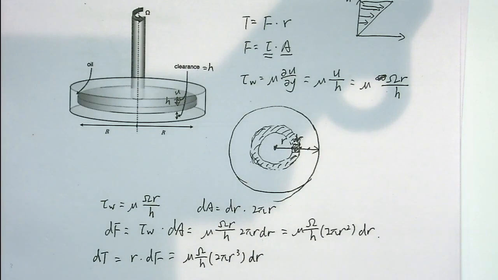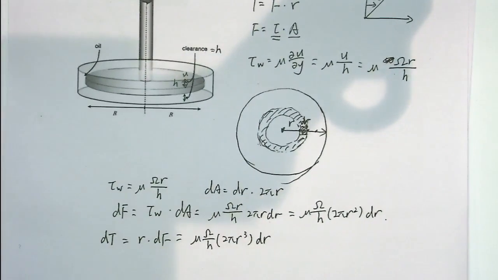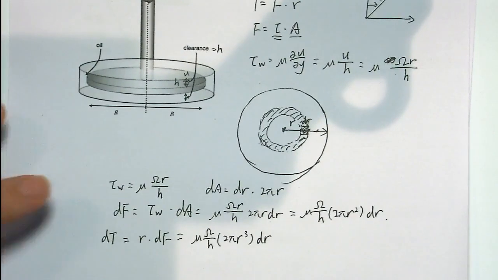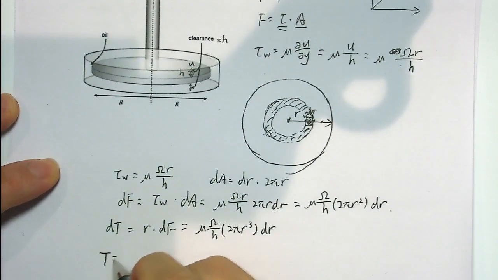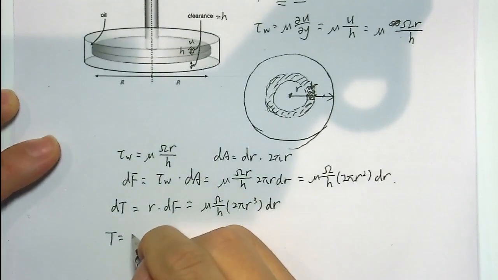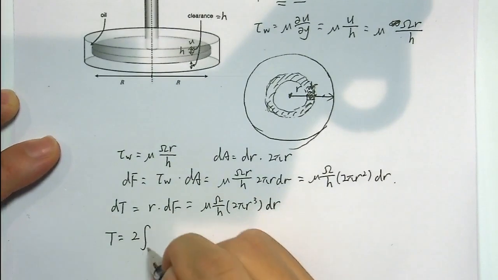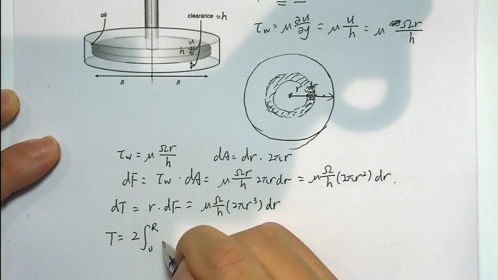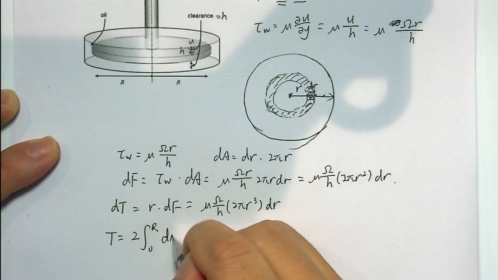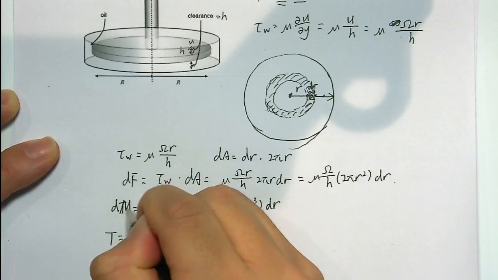And then we do the integration from the radius of 0 to the radius of r. Because it has two surfaces and we only solved one, the total torque T is actually twice the integral from 0 to r of dM, sorry, that one is dM.